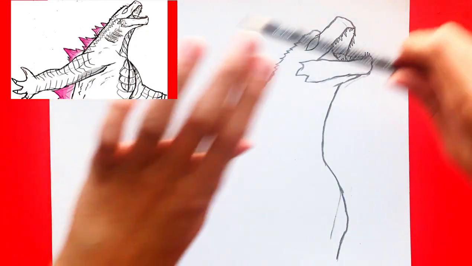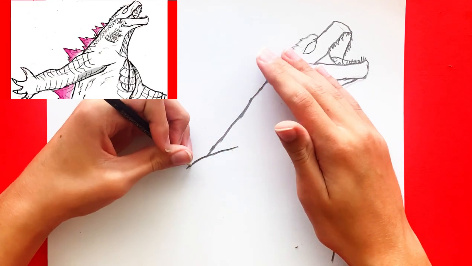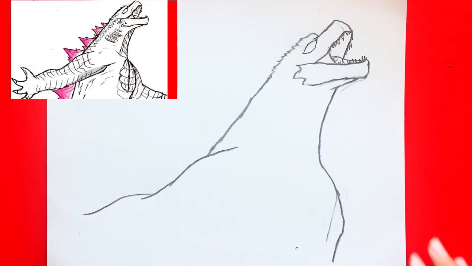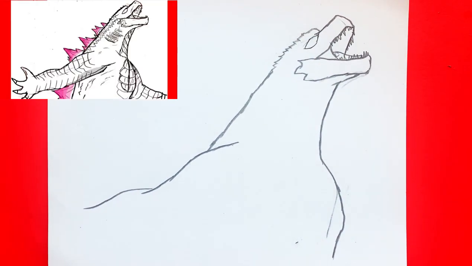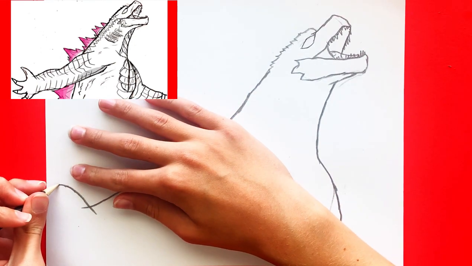And so now we're just gonna draw his arm. So his arm just gonna come right here and it's just gonna be like that. And then we're gonna have his claws.